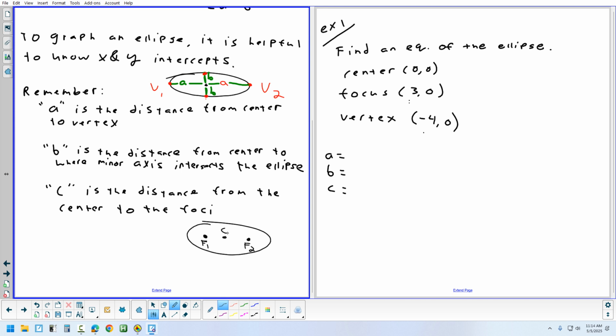There's your center. The distance that I just drew in red, that is C. It's the distance from the center to the focus. And that is also C. So if you wanted to know the distance between the two foci, it's 2C. That's the distance between them.